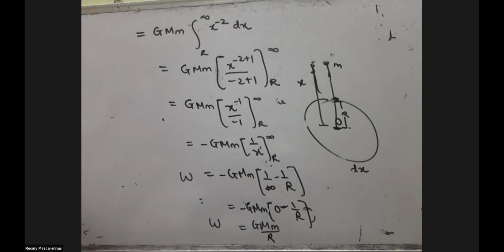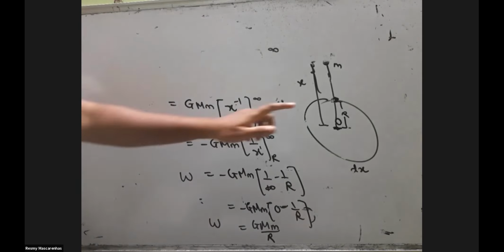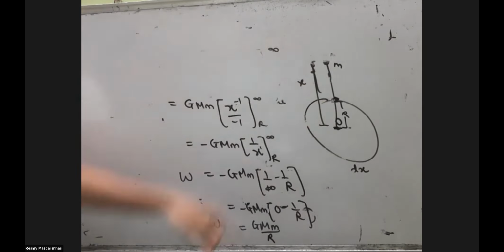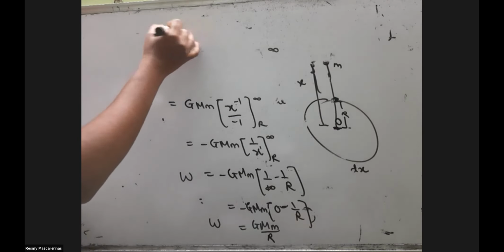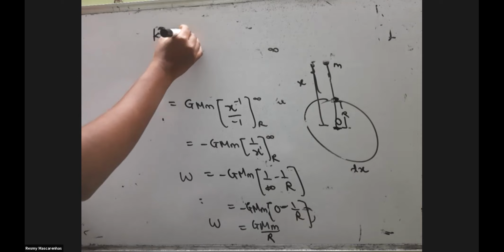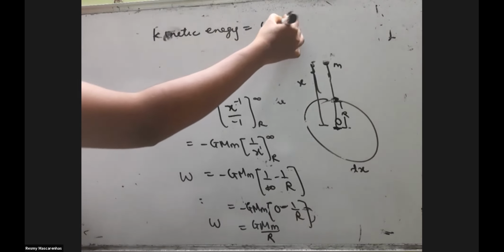We all know that work done is nothing but the same as energy. Now which energy will be there? We are launching the rocket, so whenever the rocket is moving, it will be kinetic energy. Kinetic energy is the same as the work done.